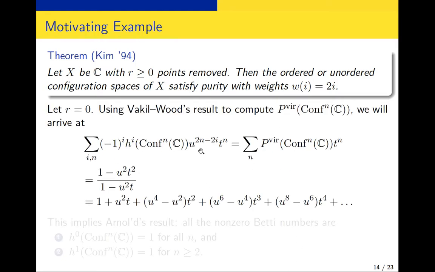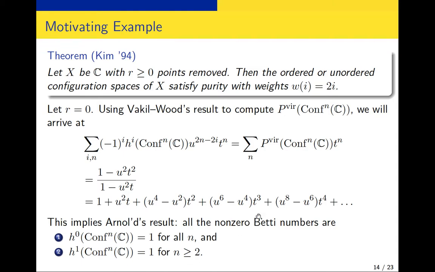So that means that the left-hand side here, where 2n minus W_i is replaced by 2n minus 2i, is something we can compute explicitly. If you expand that, you get this. If you now compare the left-hand side and right-hand side, we get Arnold's result. We can directly read all the non-zero Betti numbers here. In particular, the second highest order term corresponds to H^1, and you can see why it only starts to appear when n is 2.